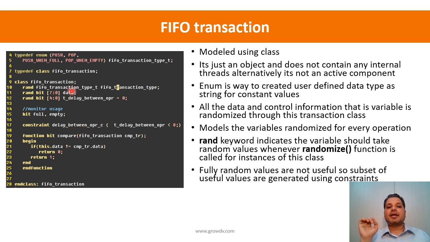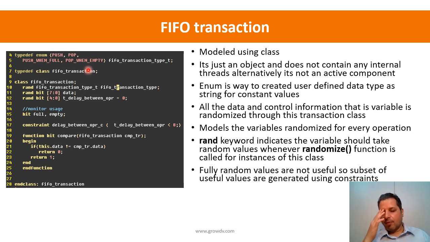Like for example, data. Data is 7 down to 0 over here, so it can take any of 256 values because we have not put any constraints. It can take any value from 00 to FF. It will pick any one value. Whereas your FIFO transaction type will pick any value from these 4 values unless there is an additional constraint.